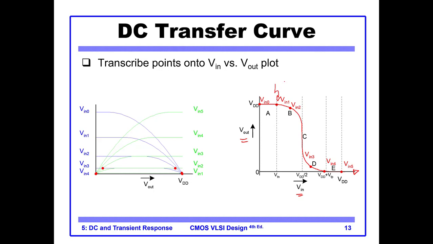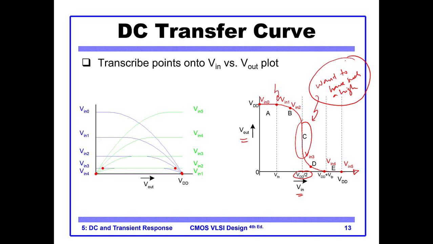You see, between these two we have a very steep slope, and it occurs at the voltage VDD divided by 2. You want to have such a high slope, but it depends on the gain of the transistors used in the inverter.